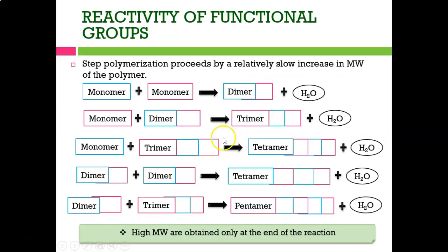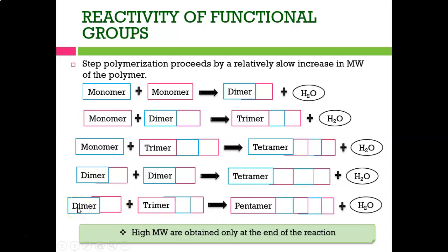This is the reactivity of functional groups. If we have monomers, we can produce a dimer. If the dimer reacts with a monomer, it can produce a trimer. Then the trimer reacts with a monomer to produce a tetramer. Dimer and dimer can also react together to produce a tetramer. If a trimer reacts with a dimer, it can produce a pentamer.